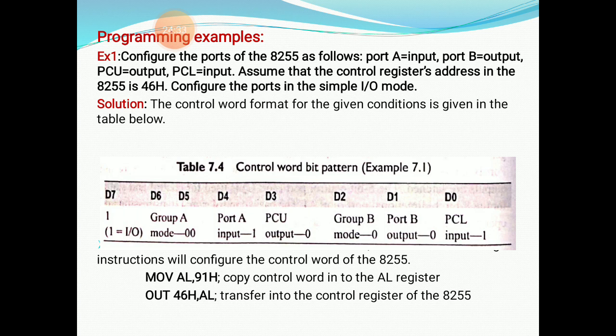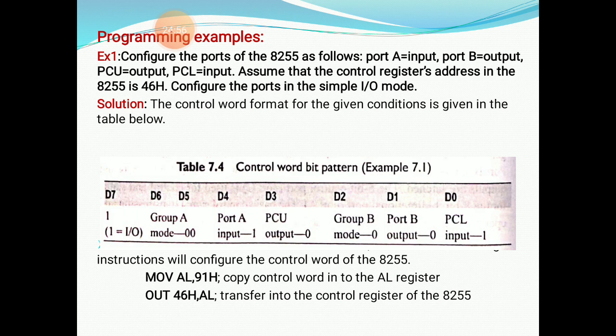Configure the ports in the simple I/O mode. For the given example, find the control word for the given ports used as input and output ports in simple I/O mode. The solution is the control word format for the given conditions in the given table.